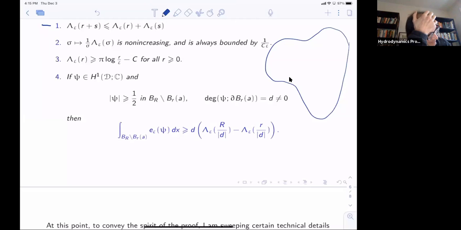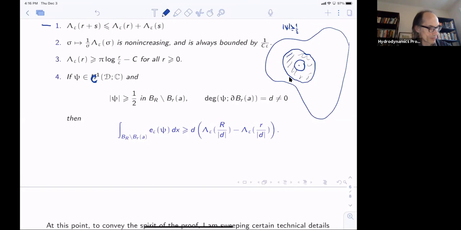Okay, I wrote H1, but I guess it's easier if we assume things are C1, because the definition of degree involves the integral of the gradient around a boundary. In fact, all this stuff is true for H1 by density arguments, but let's ignore that. So I have this function in C1, and I assume I have a point A, a ball of radius little r and a ball of radius capital R around A, and I assume that the modulus of psi is bigger than a half in this annulus.